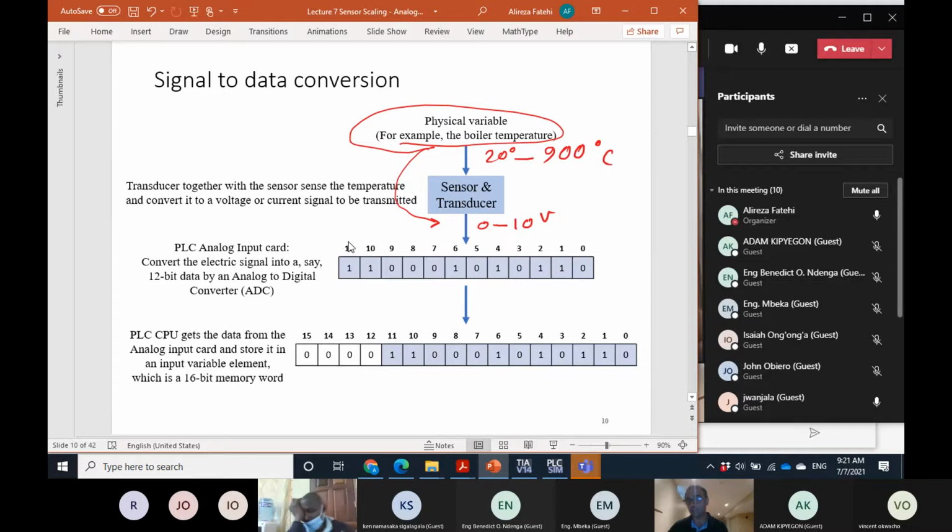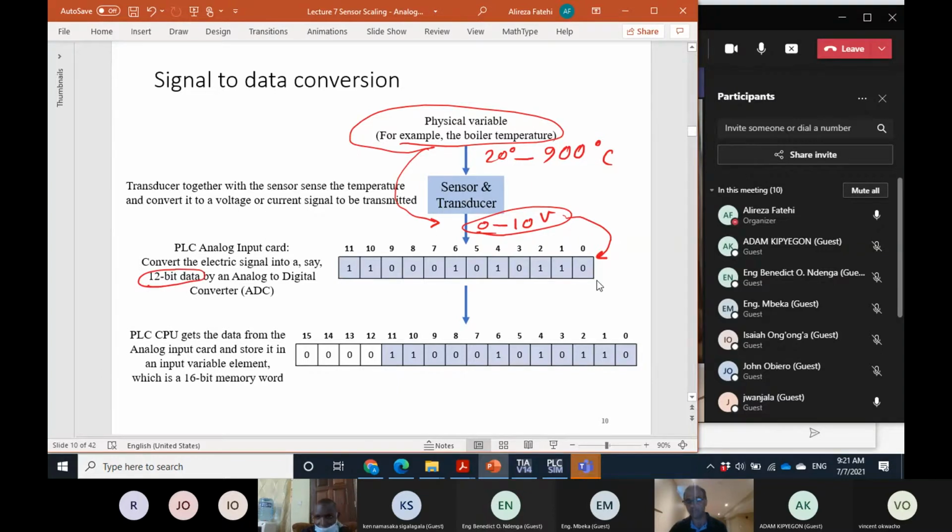The PLC analog input reads that and generates a binary number in some range with some number of bits. We'll see what the effect of this number is. For example, in this figure, it is represented by 12-bit binary data.